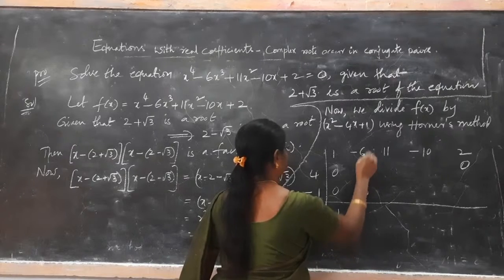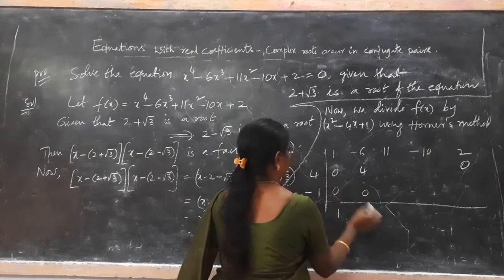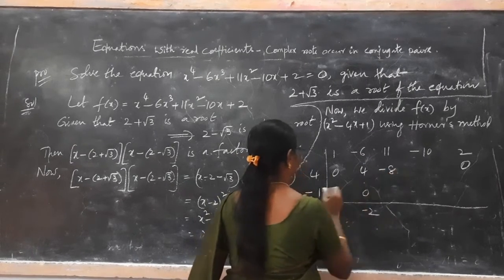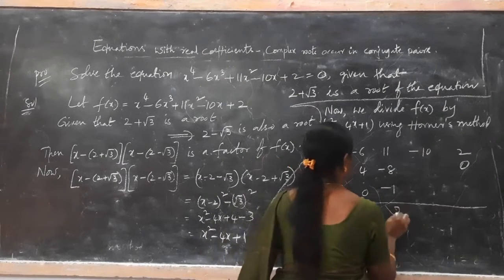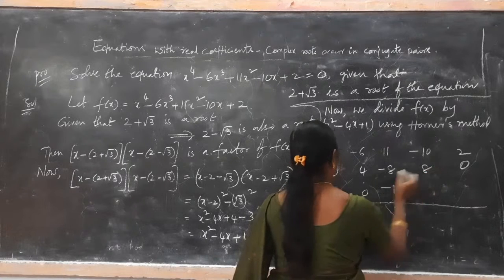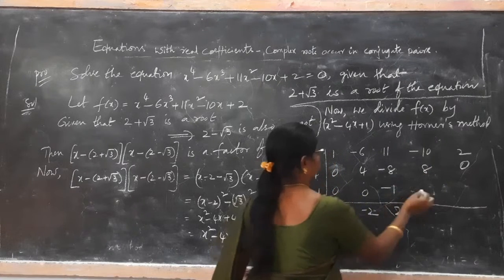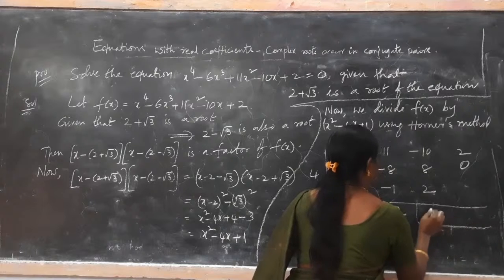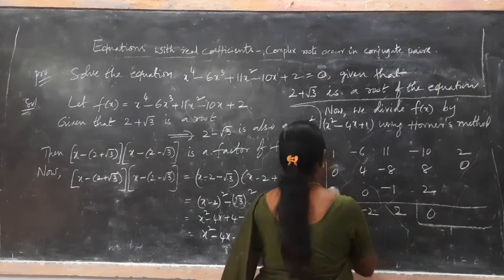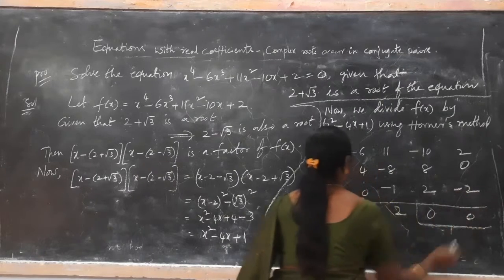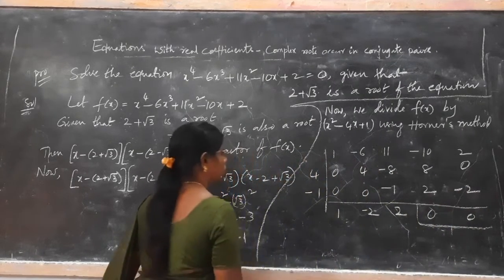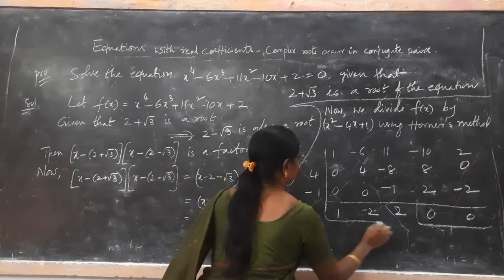1 4 minus 2 minus 8 minus 1 minus 9 అంటే 2 8, 2, 0 యాడ్ చేసాను అండ్ minus 2 0. ఓకే, ఈ విధంగా వచ్చింది.